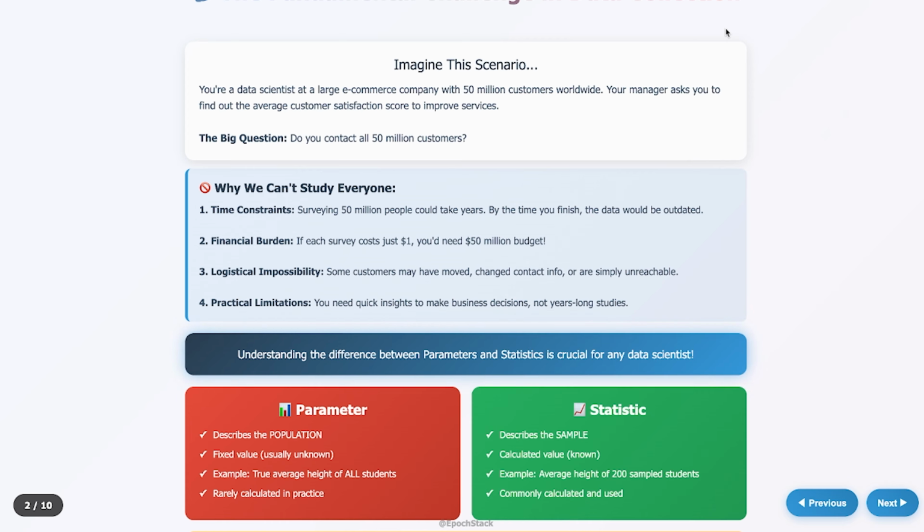The value is unknown to you. But in case of sample data, if you choose, for example, 5,000 random people to figure out the average salary, in that case the value is known to you and you can easily perform the calculation. In case of a parameter, it is rarely calculated. No calculation is performed on the parameter.